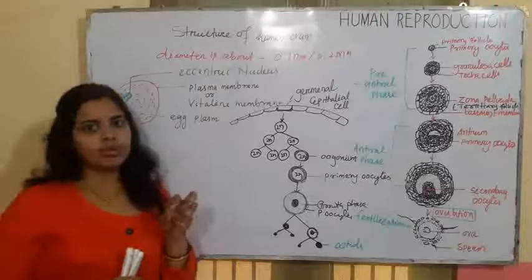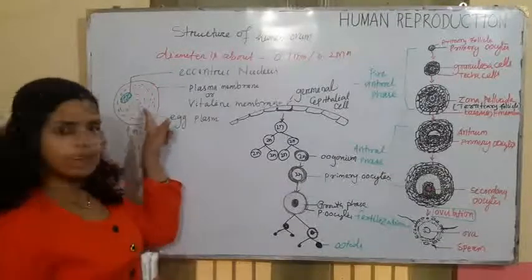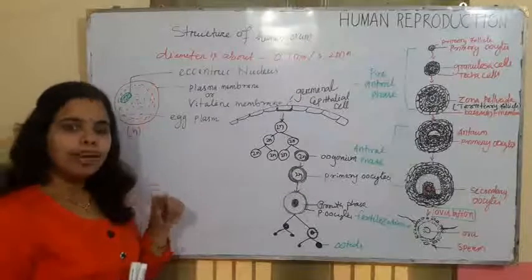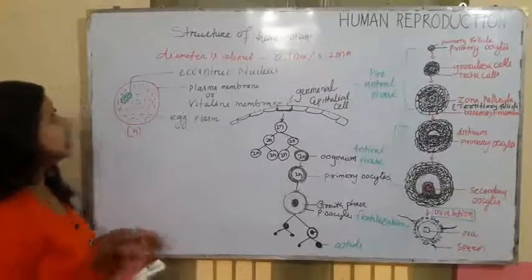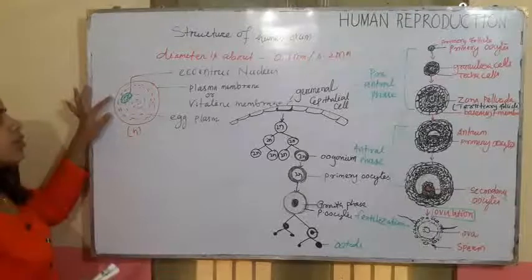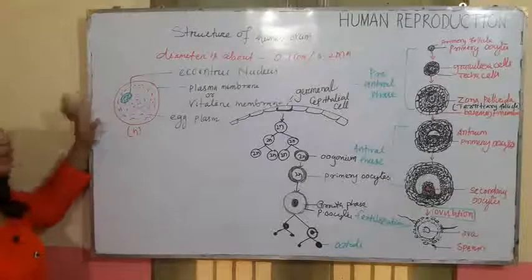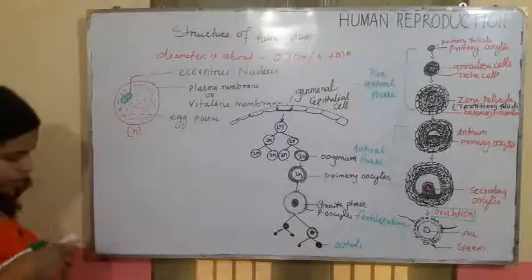When the human ovum is in the premature stage, the nucleus is in the center position. But when it undergoes the mature stage, it moves towards the periphery. That's why it is called as what? Eccentric nucleus.